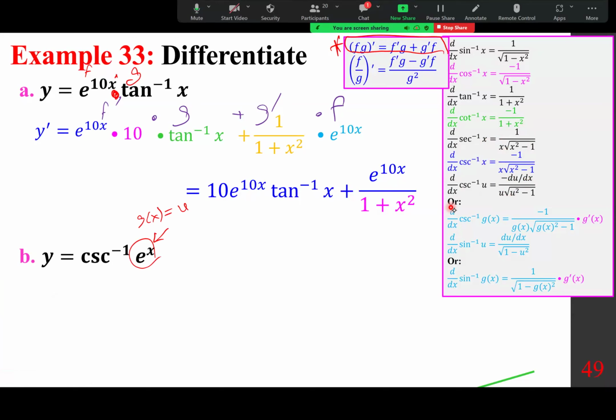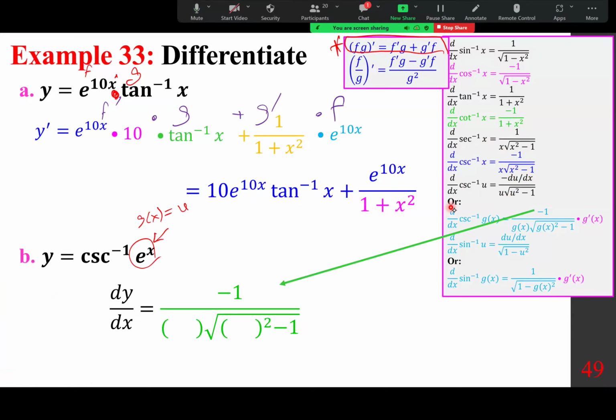So following that, the -1, okay, this one is e to the power of x, this one is e to the power of x times e to the power of x. If you go with this format, it's easier to see. You put e to the power of x. I want you to see that we went with this format.